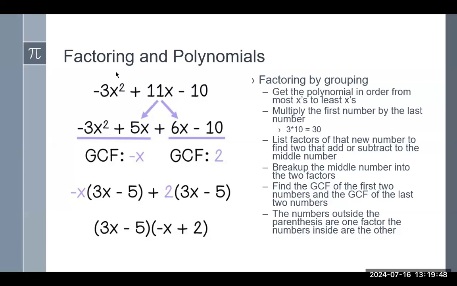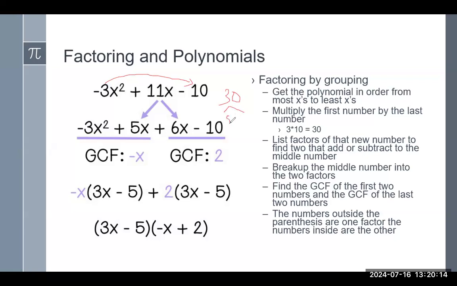Now, the next step is to take your first number, multiply it by the last number. We get 30. Now, let's find two factors of that new number that add or subtract to the middle number, which is 11. So we're going to find two numbers that add or subtract. 5 times 6 is 30.